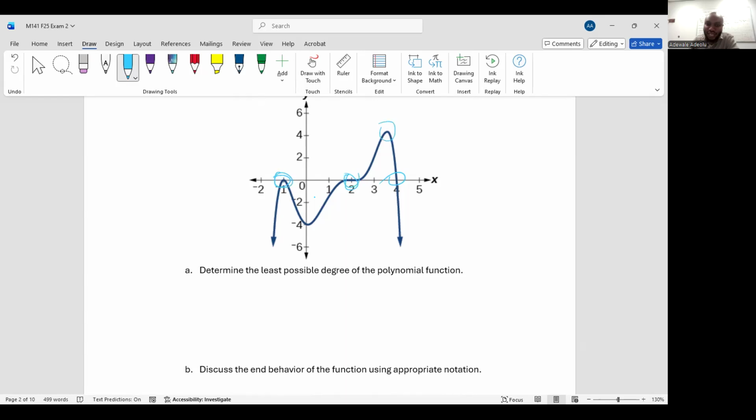I won't call this a turning point because a turning point is a point where your graph is increasing, and at that point you have a curve like this, it is increasing, and at some point, it starts to decrease. So we say that is a turning point.